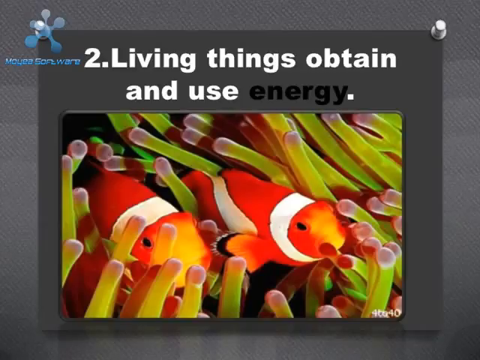Though plants don't move from one place to another, they also get energy and use energy to produce food and other things. We take so many things like food, fruits, milk to get energy, and then we are able to move from one place to another. This is done by living things. This is the characteristic of living things only.